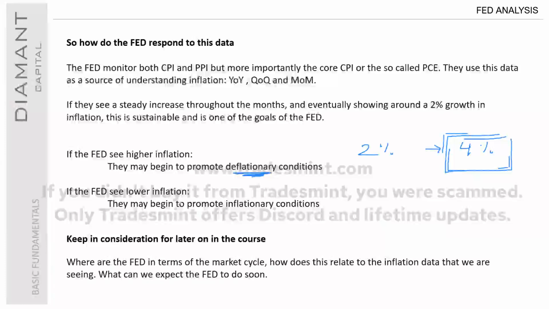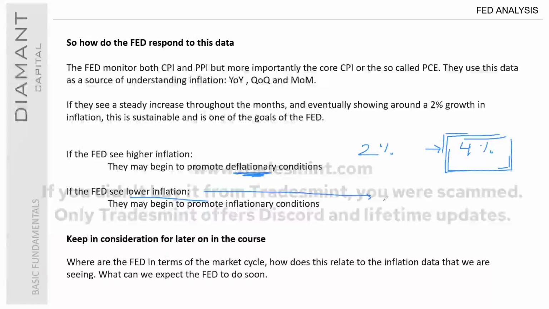So how about the opposite? What if they see lower inflation? That means that they may start to promote inflationary conditions, because lower inflation means that prices of things are getting cheaper. But the effect is you're not only going to see cheaper prices, but you're also going to see a loss of jobs.